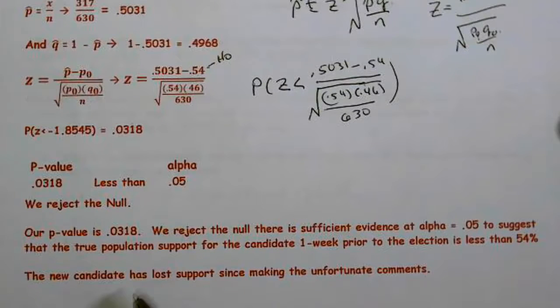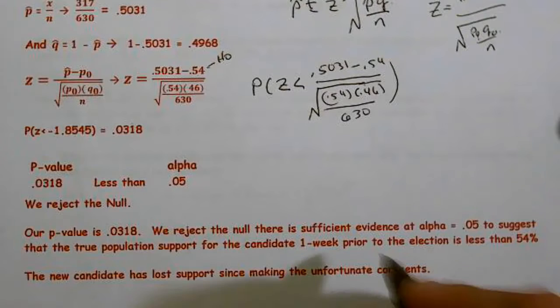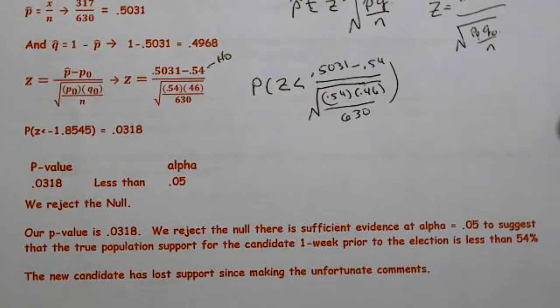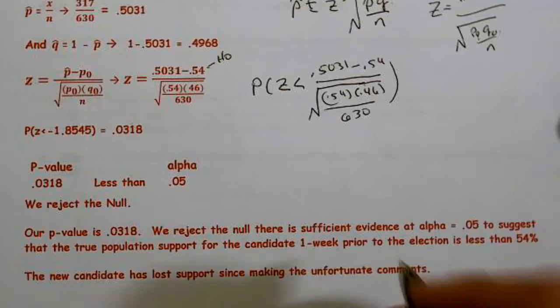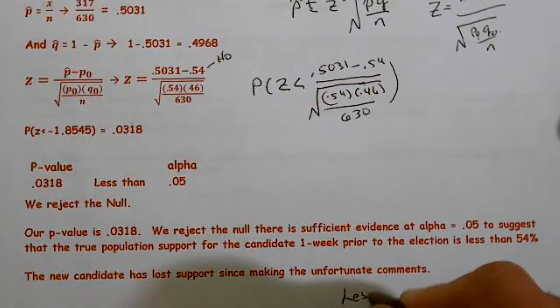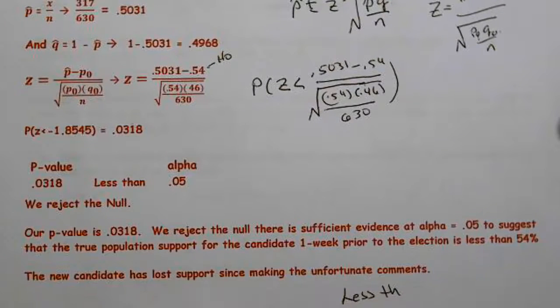Simplified, and I really want you to get used to writing this down: the new candidate has lost support since making the unfortunate comments. Less than 54% now support him or her. But since it was stupid comments, I'm sure it was him.